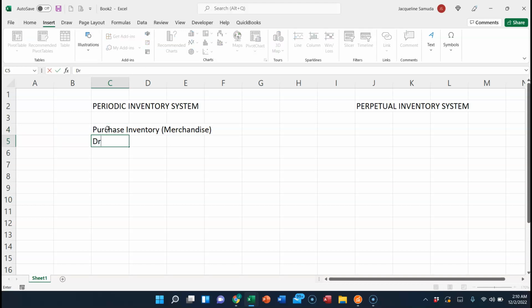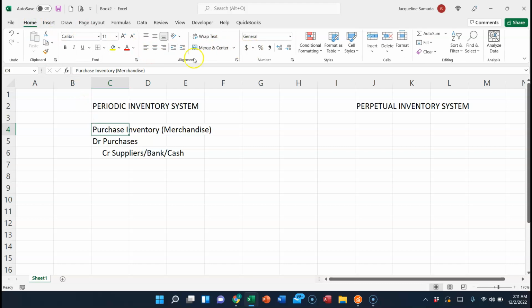You debit purchases and you credit suppliers if you are going to be ordering or taking the goods on credit to pay later, or if you're paying immediately with a check, you credit bank, or if you're paying immediately with cash, you credit cash. So this is what we taught you when you just started accounting.